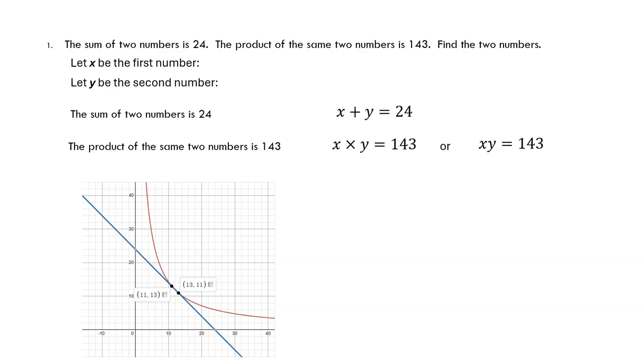We actually have two solutions here, and the reason why is x plus y could be any of the same two numbers. It could be 11 and 13, or it could be 13 and 11. Either way will work. It doesn't matter, which is why the graph has given us two solutions.